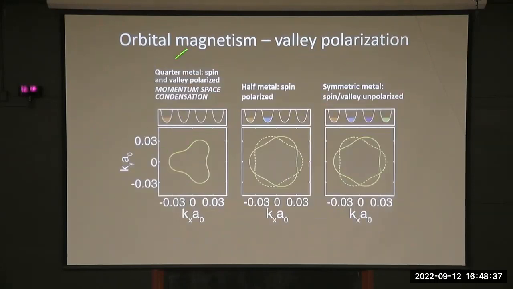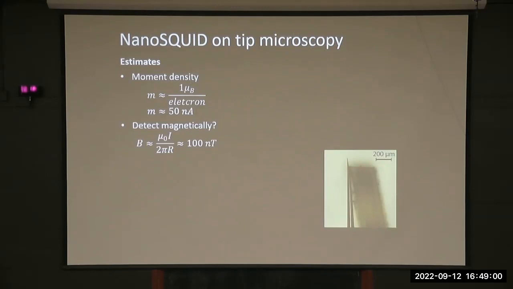So you can understand that you have a half metal, for example, something that just has one spin projection and has both valleys equally occupied, or at the lowest density a quarter metal that's spin and valley polarized, where effectively the electrons have just decided to condense into one corner of momentum space, and it's really an orbital magnet.